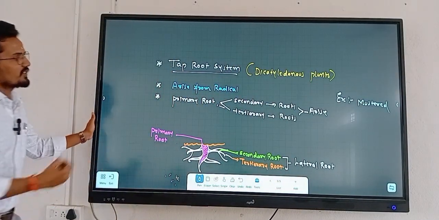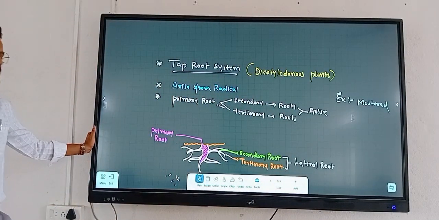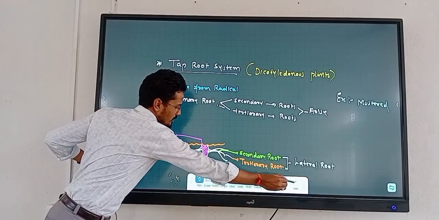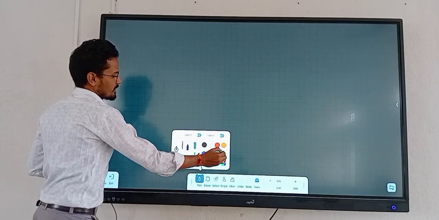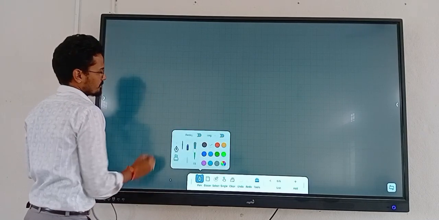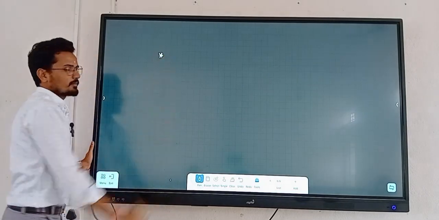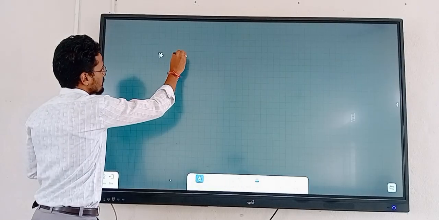Next we will see another type of root system, called the fibrous root system.